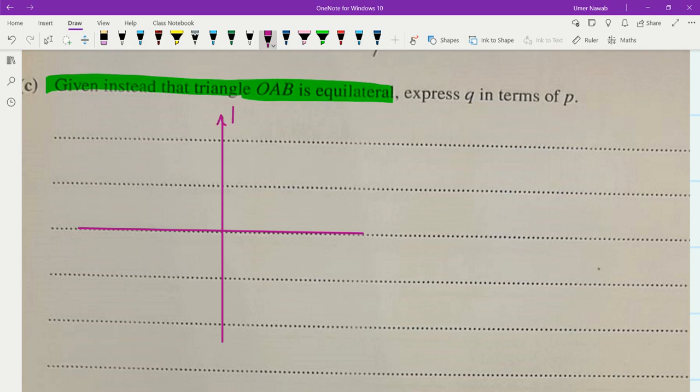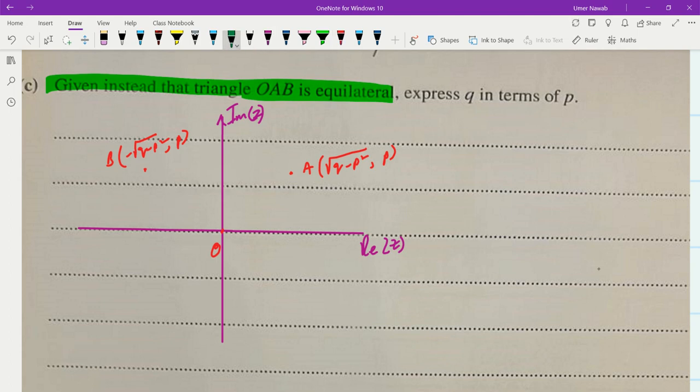So this is your imaginary axis, and this is my real axis. This is point A, square root of q minus p squared comma p, and this is my B point, minus square root of q minus p squared comma p, and this is the origin.